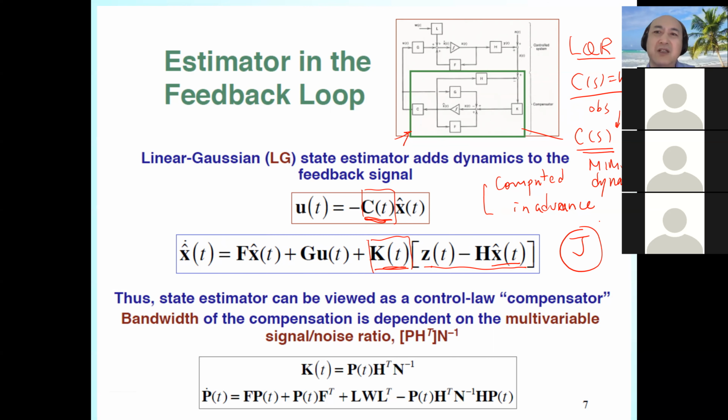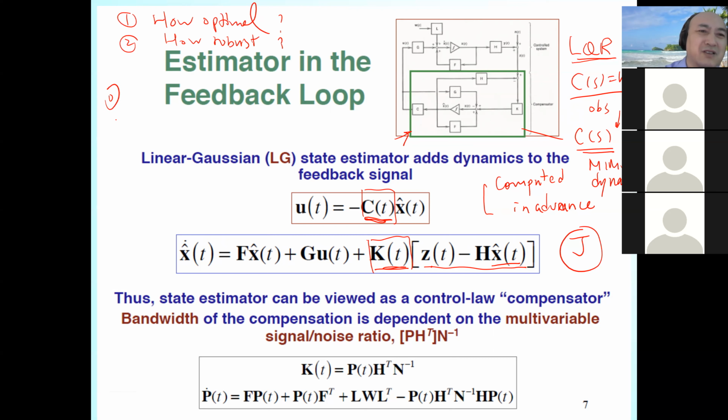I told you in control we need to ask two questions: how optimal and how robust. But actually there's another question, how stable. That's first thing first, number 0. We know how to answer this question.